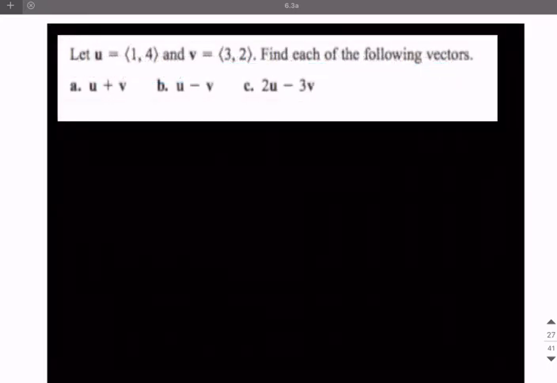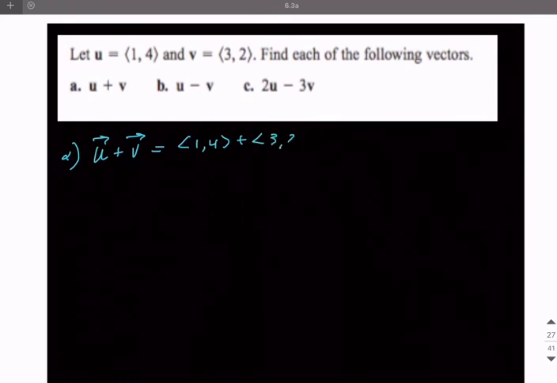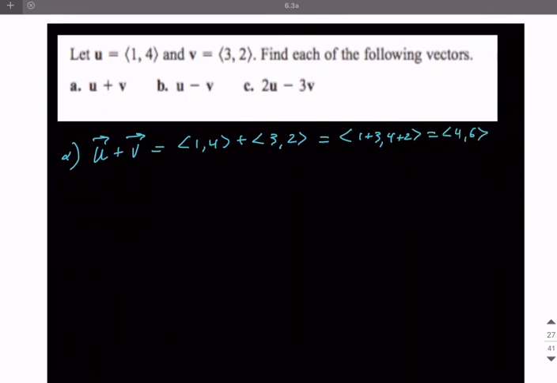So now for A, we have to add the two vectors. So vector u plus vector v is going to be (1, 4) plus (3, 2) equals 1 plus 3, comma 4 plus 2, very easy, and you get (4, 6).